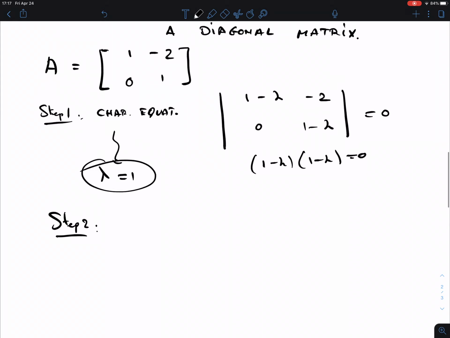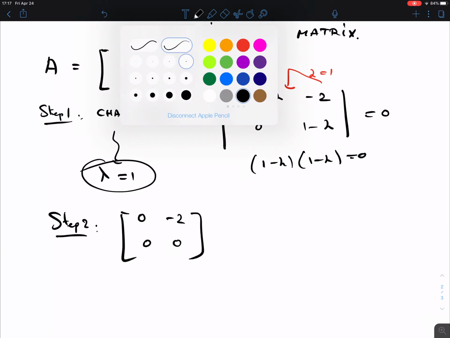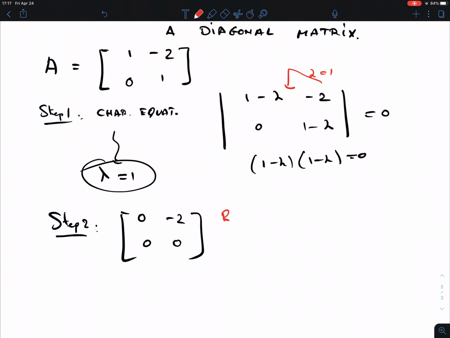Okay, so step 2, what's the eigenspace? Now remember, what we do is we take A, so the matrix that I'm writing down here is obtained from the original matrix by subtracting 1 from the diagonal, or if you want, putting lambda equals 1 in here. So this would be 0, -2, 0, 0. Then we have to write this in pivot form, and we're almost there. We just do row 1 minus a half row 1, so that we get 0, 1, 0, 0.